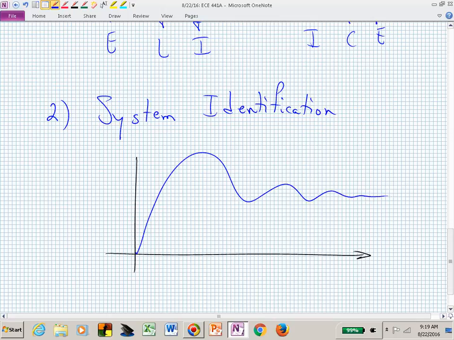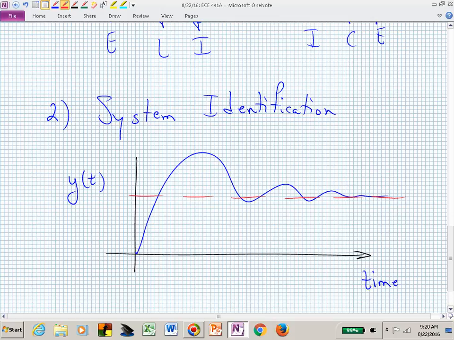into some response, where this is the output, maybe that's the position of this mass, versus time. And once we have that information gathered, or that particular behavior identified, we will be able to extract from that useful pieces of information.